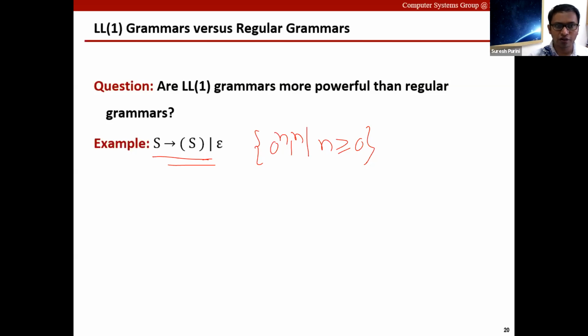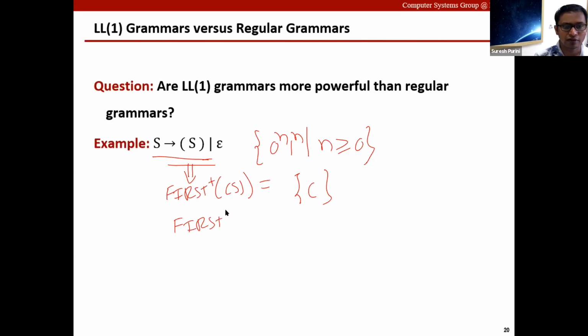But on the contrary, you can easily check this is an LL1 grammar because the first plus set of this is left parenthesis.